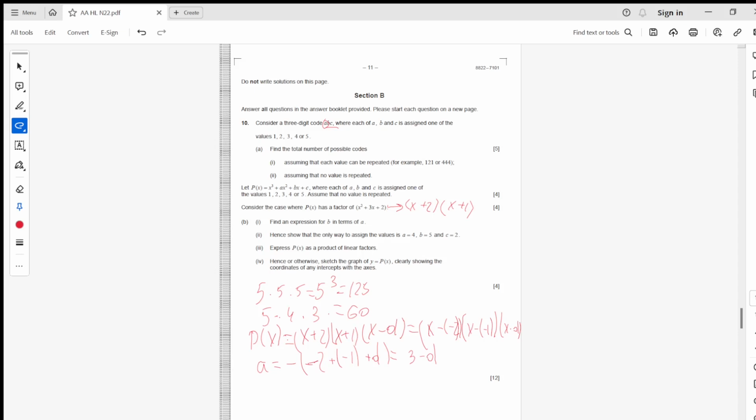Or if you know, then b is just the sum of products of roots. So it looks like this.